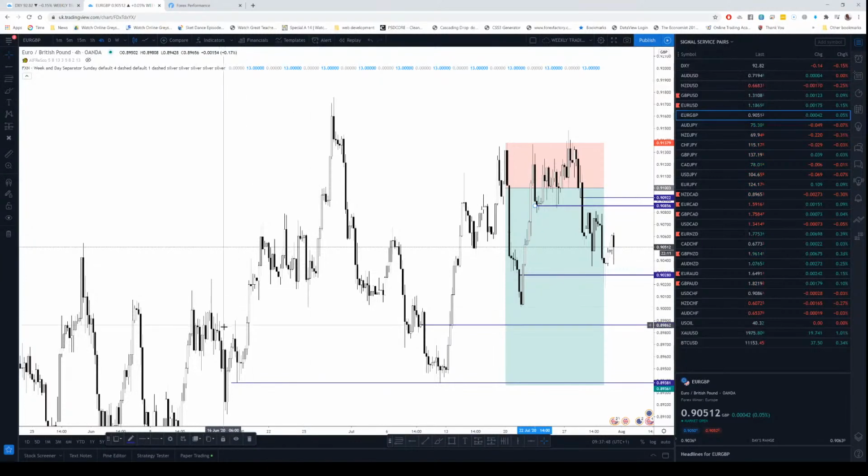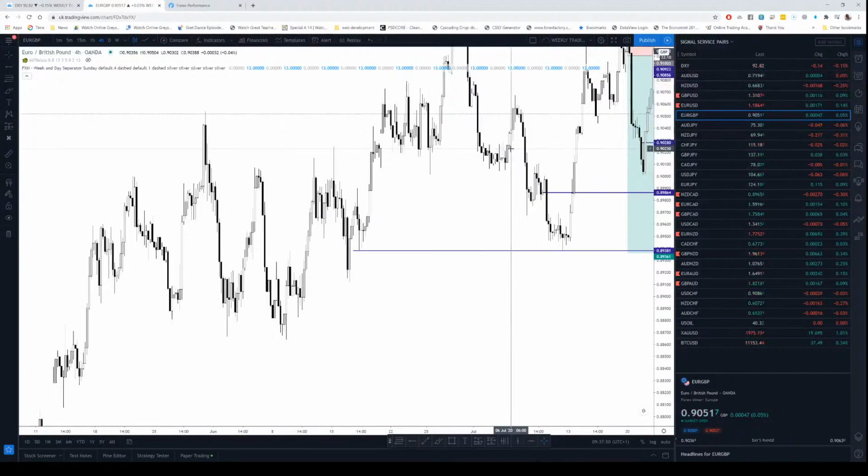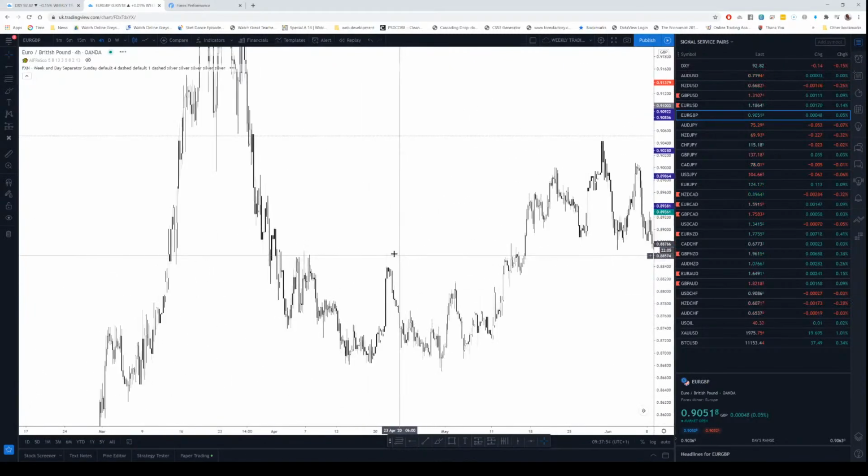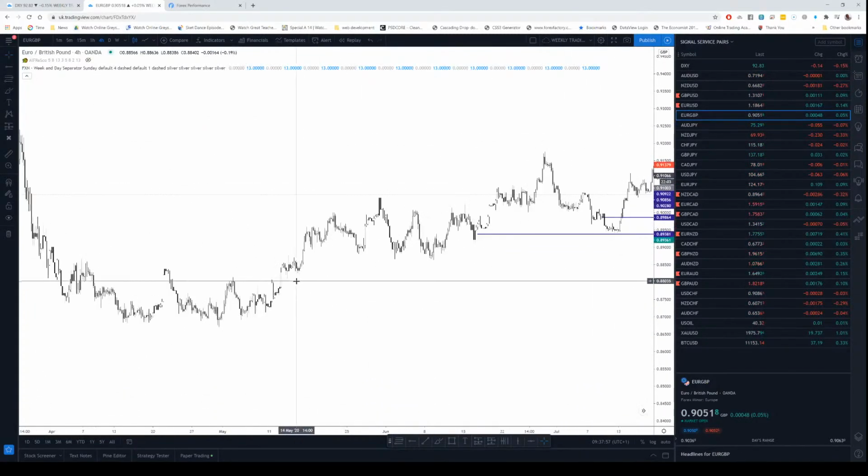Let me find the higher time frame one for you. Let me check my journal, because anytime I see it, I try to note it. So it has to fill the gap. Which gap?